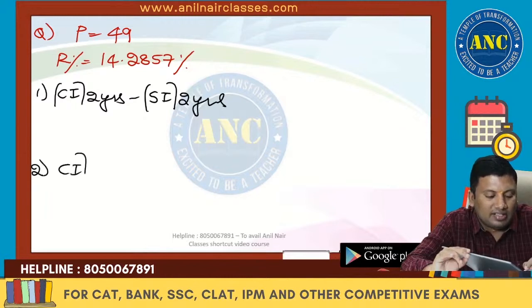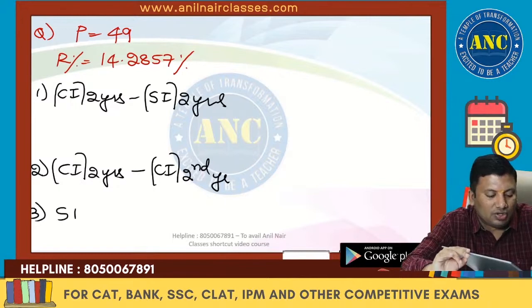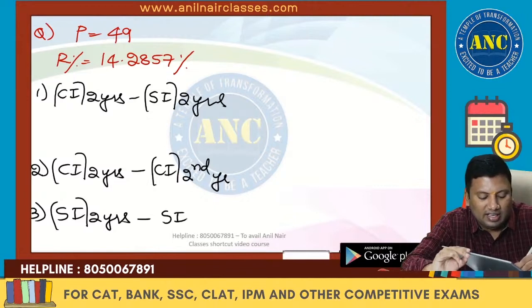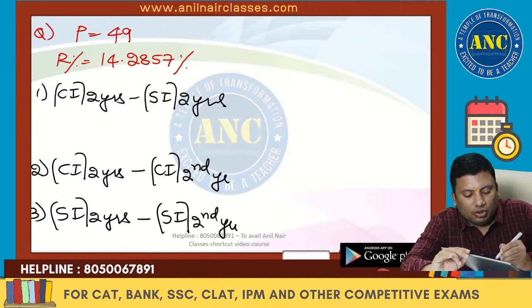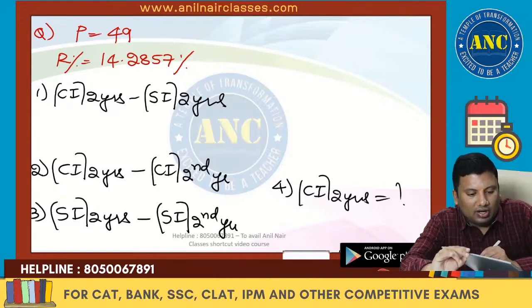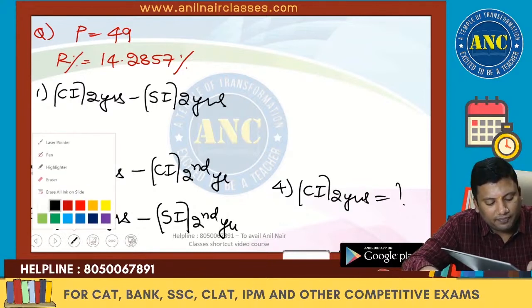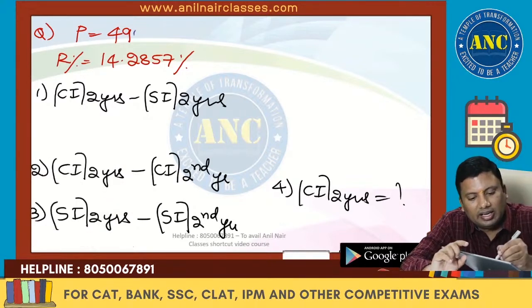Second question: CI for 2 years minus CI for the second year. Third question: simple interest for 2 years minus SI for the second year. Fourth question: CI for 2 years. All that we will solve. One by one, it is an easy thing, sir. Now if you see, let's take it as 490.